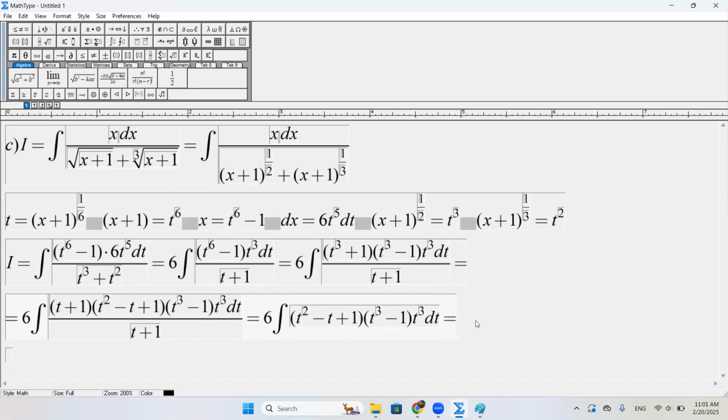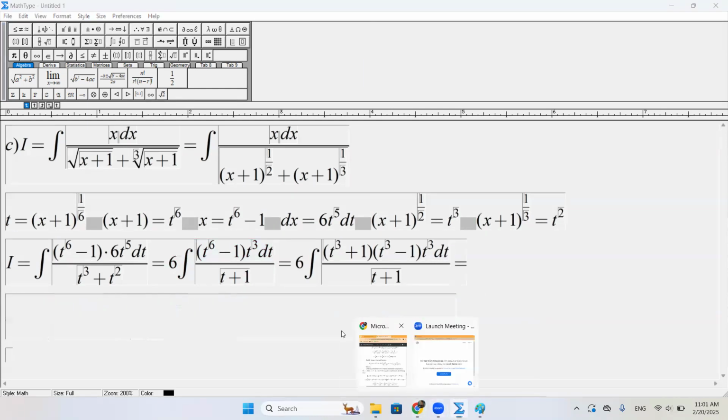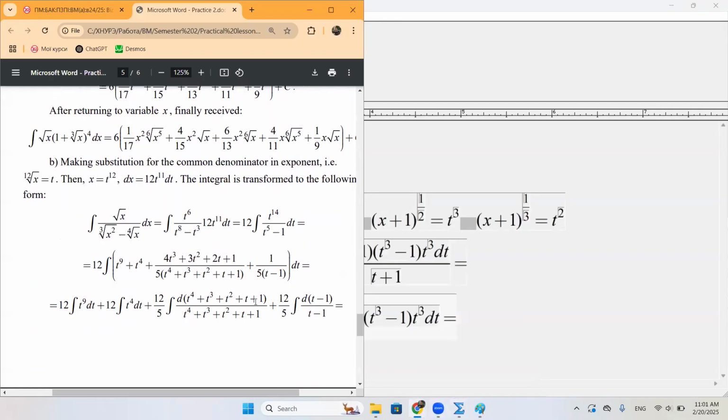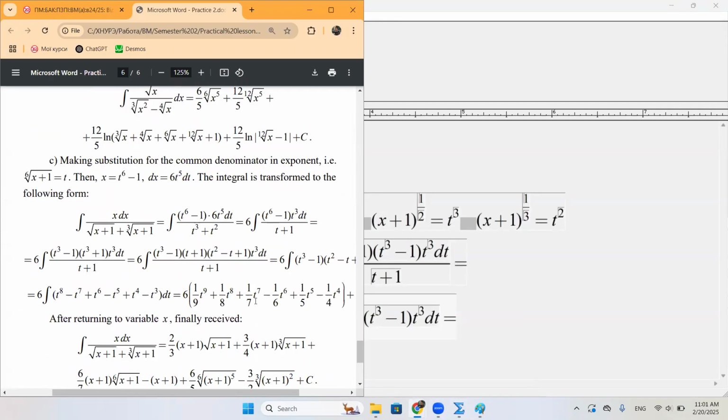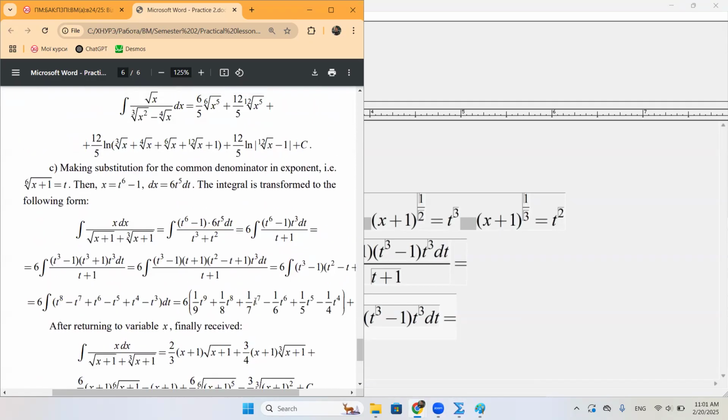Okay, so we have such expression. Now let's not waste our time expanding brackets, calculating powers, and so on.